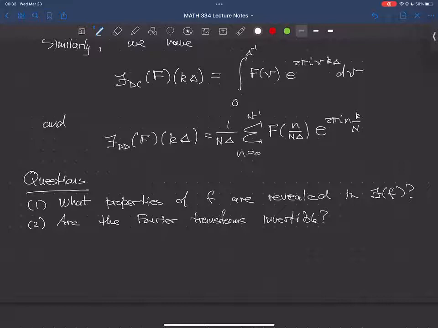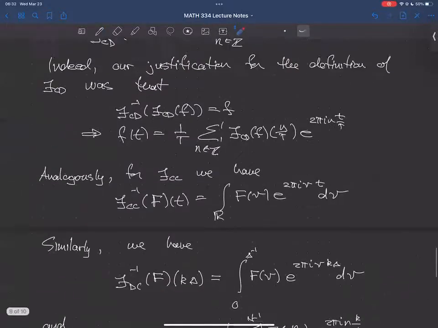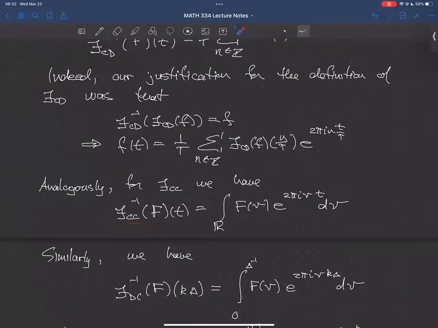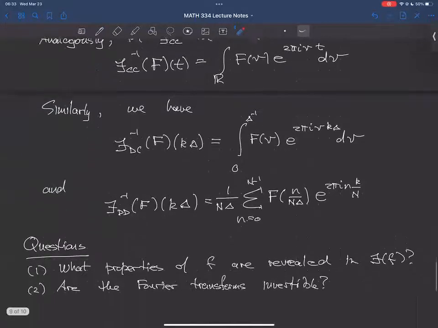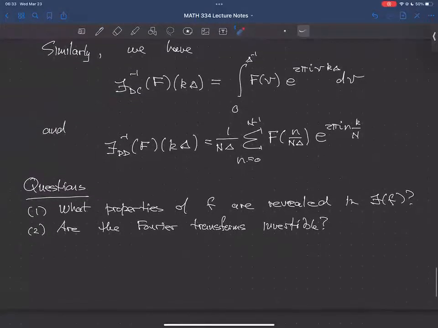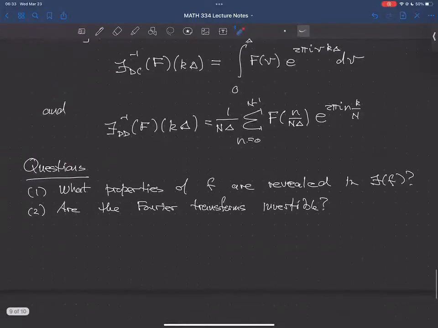I've written down some formulas for the inverses, there's 4 of them, but I've done it just by kind of bogus crossing my fingers. So first you should show really that the transforms are in fact invertible.